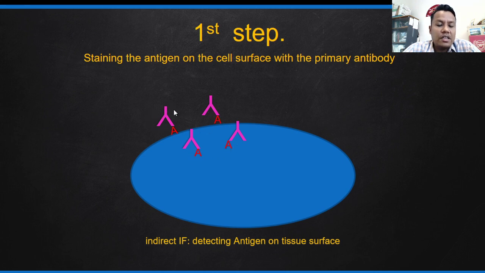These antibodies are commonly produced by injecting the antigen into animals such as rabbit or sheep, and those animals later will produce specific antibodies against the injected antigen. Their blood will be purified, and the specific antibodies will be extracted. Those specific antibodies from the animal will be used in the IF to detect the specific antigen. Specific antigen for specific antibodies.